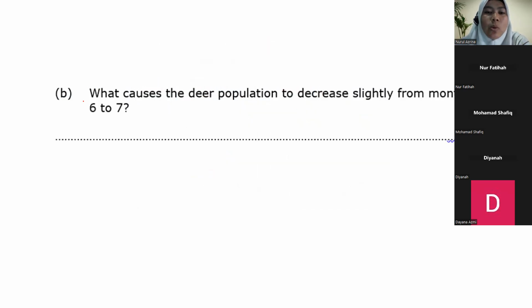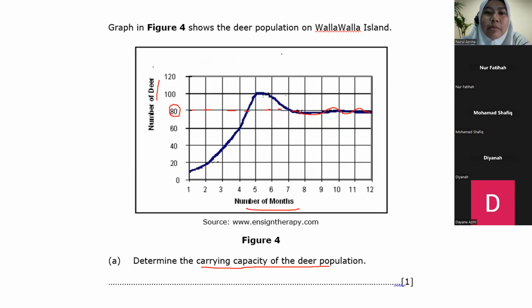Second question. What caused the deer population to decrease slightly from month 6 to month 7? Look back here, month 6 to month 7. You know that the carrying capacity is 80.